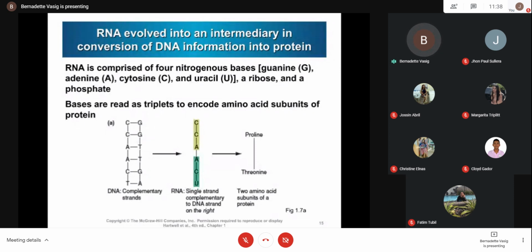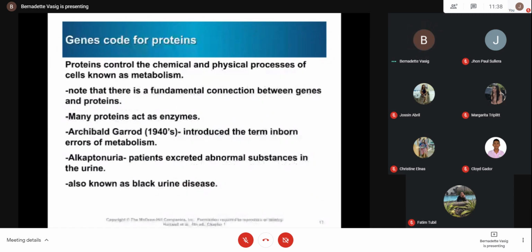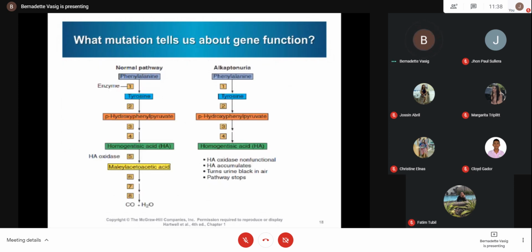So if the enzymes are non-functional, or there is error during transcription, those are some of the factors that might be the reason why there is production of abnormal substances. Okay, so basically this is the normal pathway of how normal individuals produce substances in their urine.